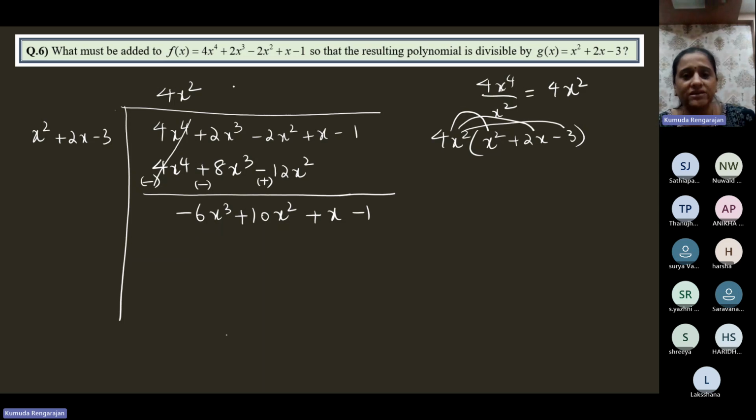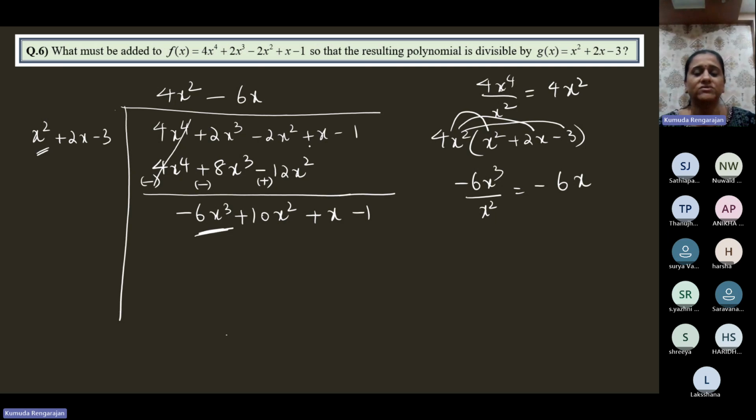To get the second term in the quotient, repeat the same process. Divide the first term of the new dividend by the first term of the divisor, and that gives us minus 6x. That's the second term in the quotient. Now multiply minus 6x with all the terms in the divisor, x squared plus 2x minus 3.